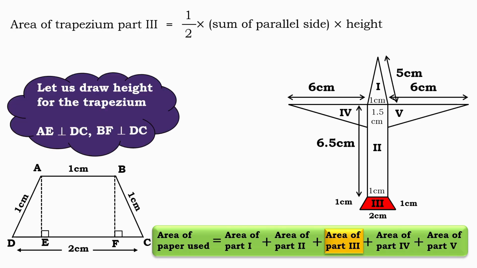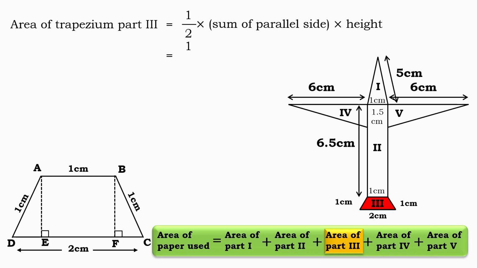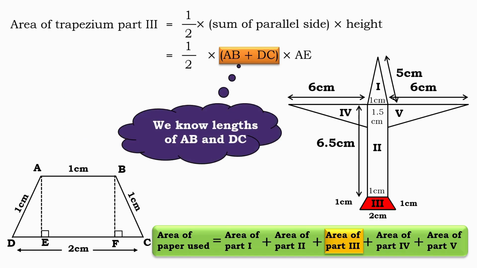Now let us draw heights for the trapezium: AE, which is perpendicular to DC, and BF, which is also perpendicular to DC. Now half into AB plus DC, that is the sum of the parallel sides.